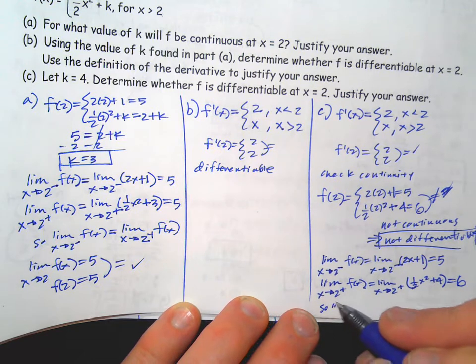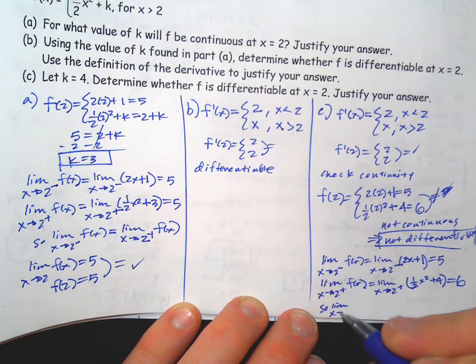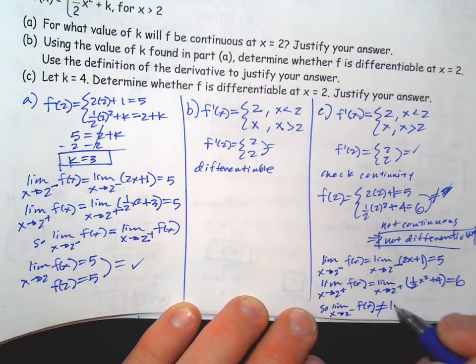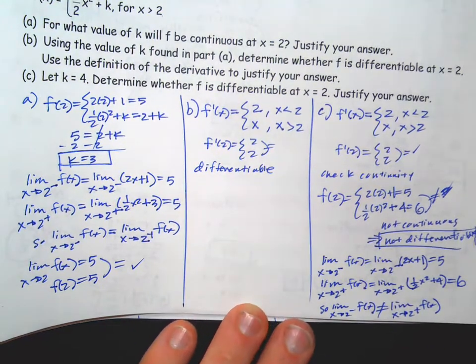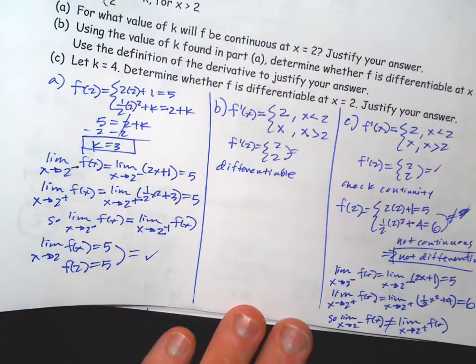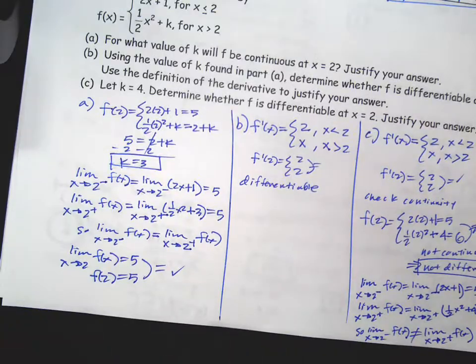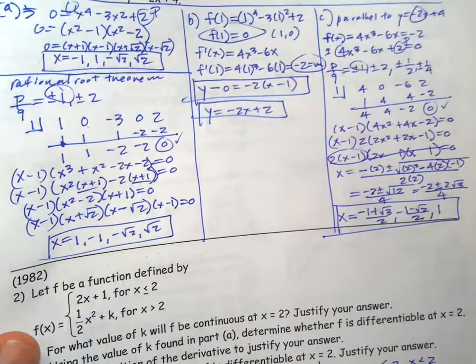So the limit as x approaches 2 from the left of f of x does not equal the limit as x approaches 2 from the right side of f of x. So the graph is not continuous. Something like that. Okay. Separate video for the next worksheet.